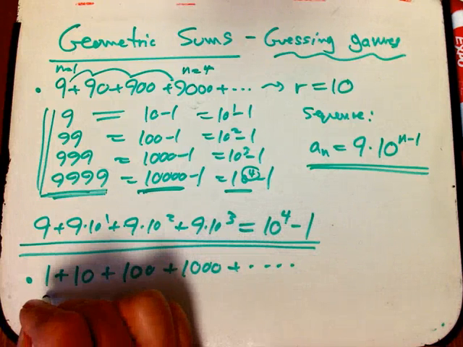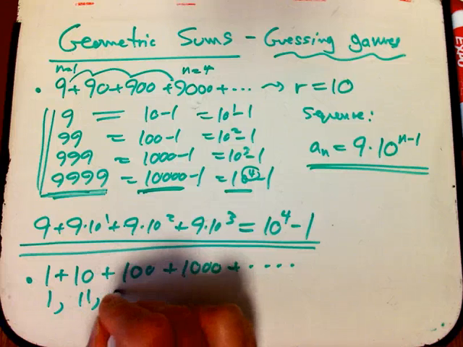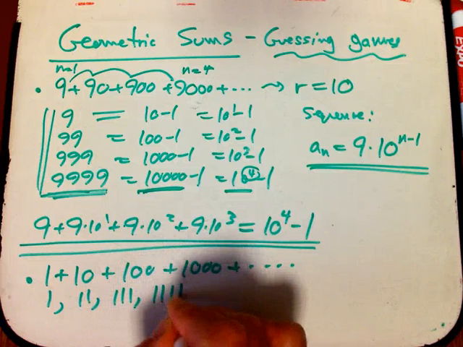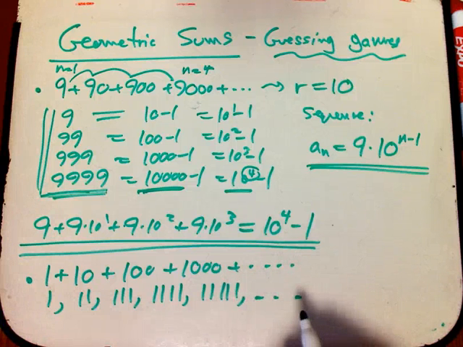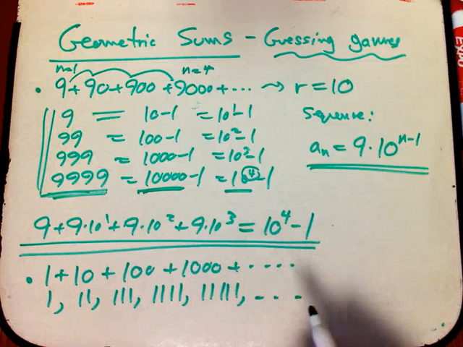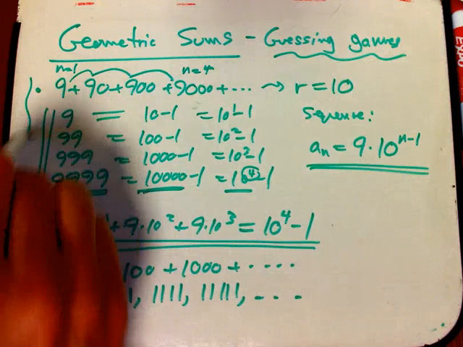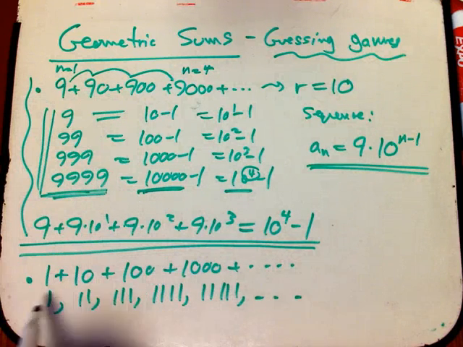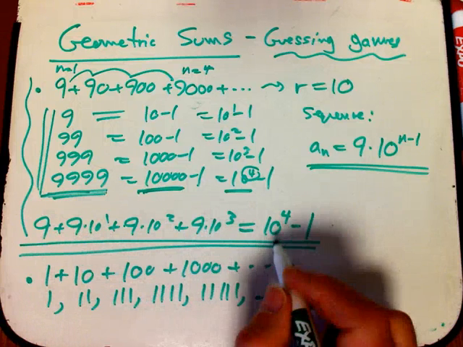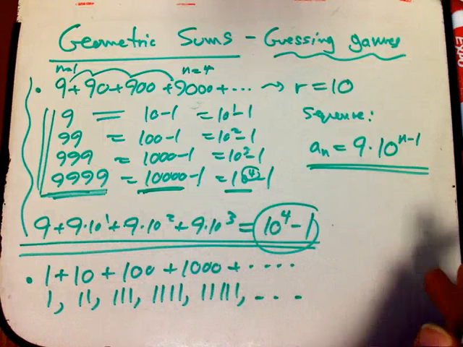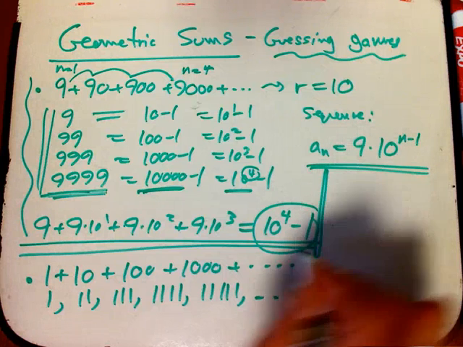So the partial sums are going to be 1, 11, 111, 1111, 11,111. Is there a nice master formula for that? Well, this is where it's really nice to have already done the previous example and not to try to do this one from scratch. That one gave us a formula. Oh yeah, let me actually just get the general formula. I forgot to do the general formula there.